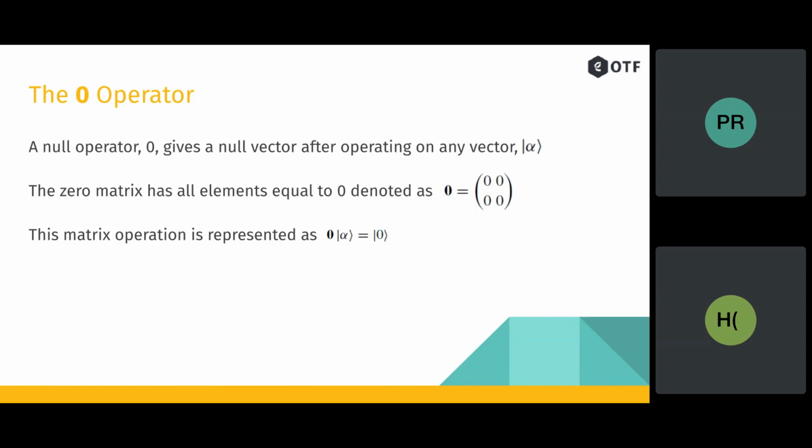This is very similar to our basic primary mathematics: 0 multiplied by anything is 0. A zero matrix multiplied by any vector gives the zero vector, which is the null vector.